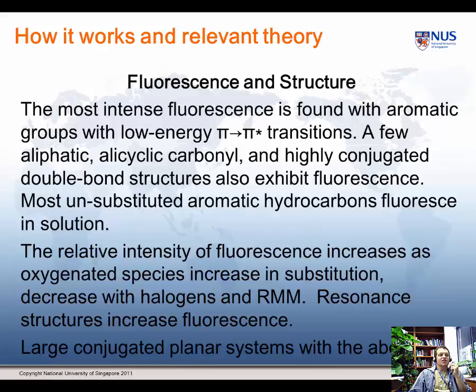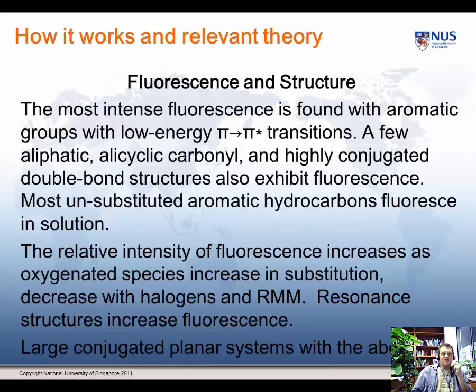Most unsubstituted aromatic hydrocarbons fluoresce in solution. So in terms of the type of structures from which you can expect to demonstrate fluorescence, that gives you broadly a guide.